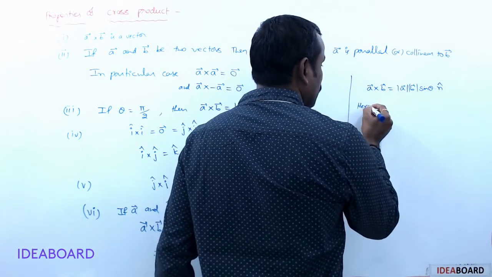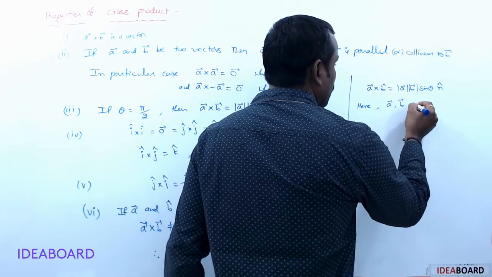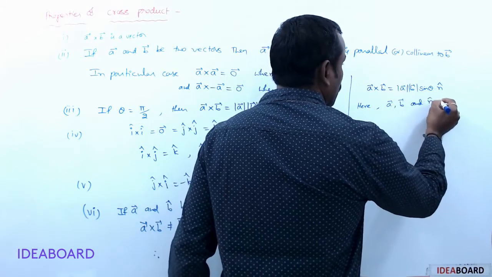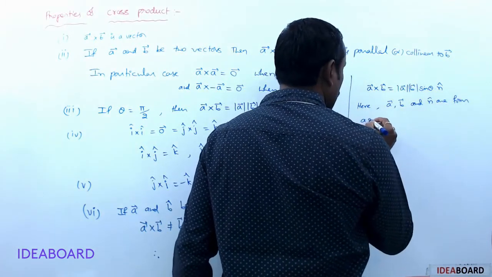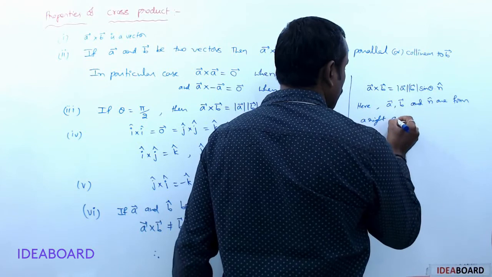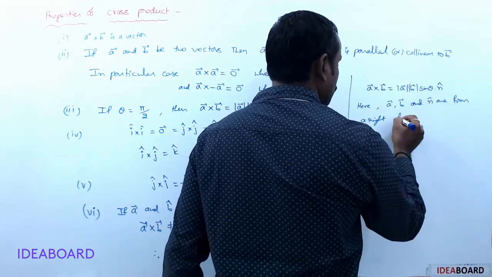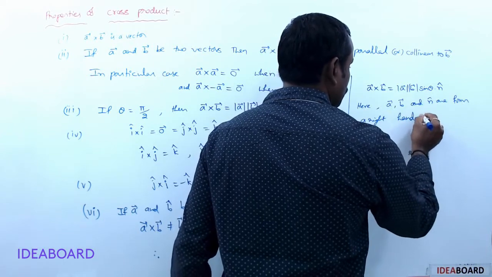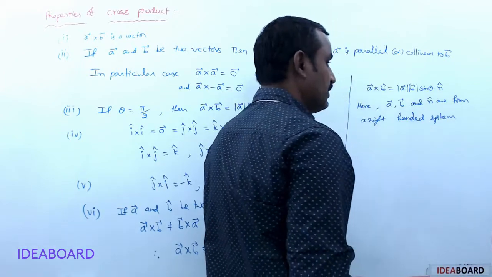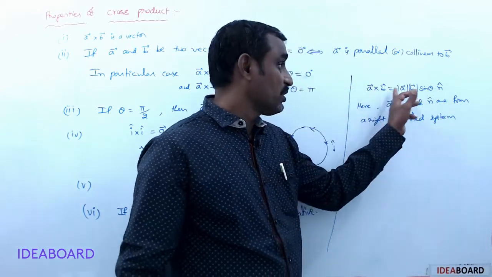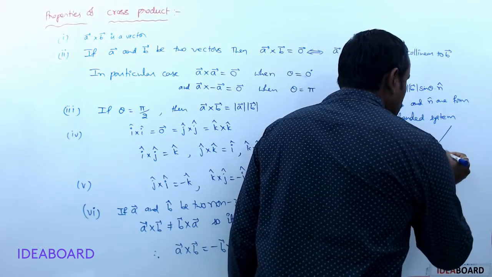Here A bar, B bar and n cap form a right-handed system. So now this is the right-handed system.